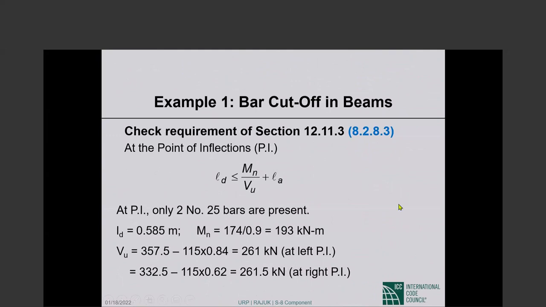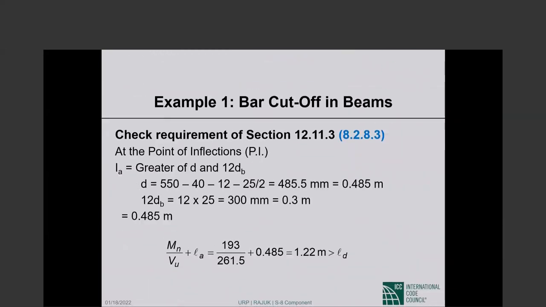So at point of inflection, only two number 25 are present. L sub D is 0.585. M sub N is 193 kilonewton meters. V sub U can be calculated at 261 kilonewtons on one side, 61.5 on the other side.